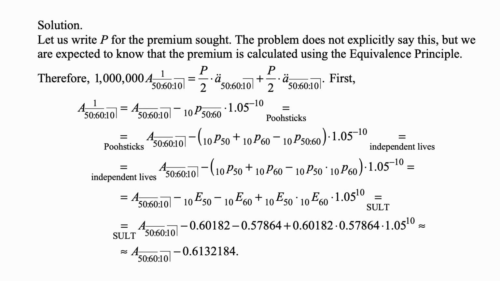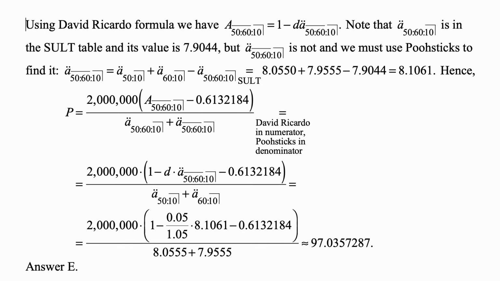So we plug in all these numbers, do the calculation, and this is approximately equal to A 50:60 with a bar above it, angle 10, minus 0.6132184. Now, using the Darth Ricardo formula, we have A 50:60 with a bar above it, angle 10, equal to 1 minus d times ä 50:60 with a bar above it, angle 10.